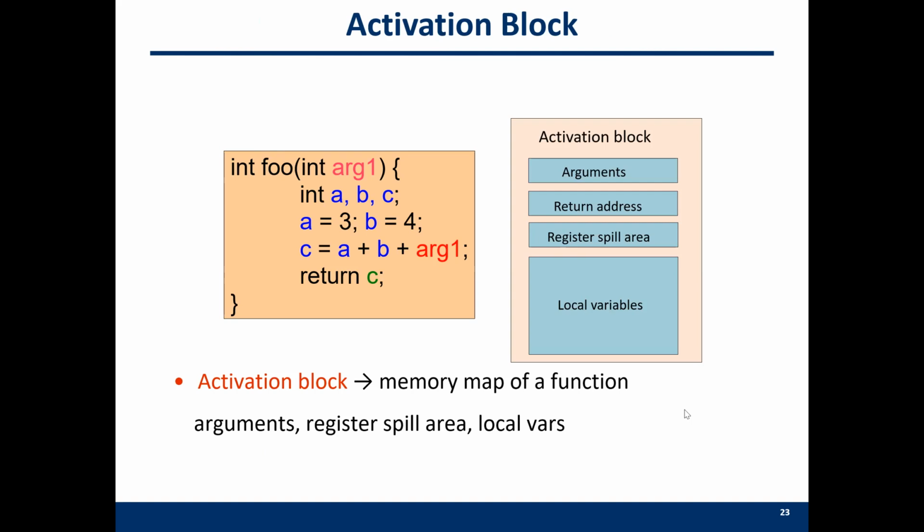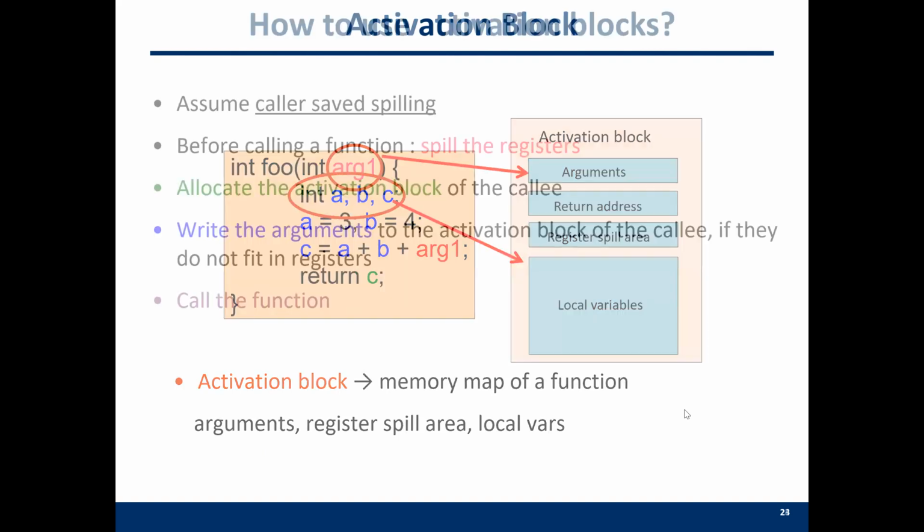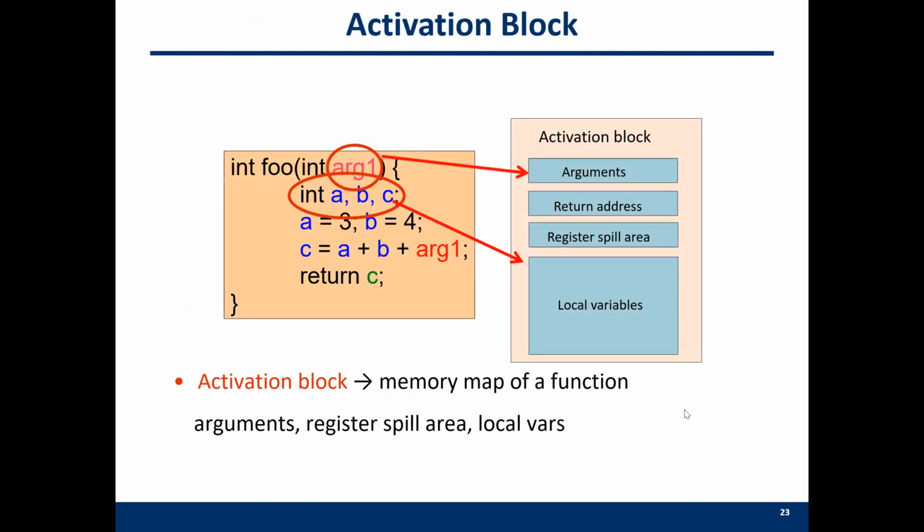So we will keep a memory space for the parameters or arguments. You also have a return address. You also have the register store area. This is the so-called stack.